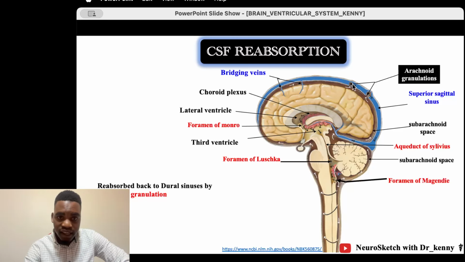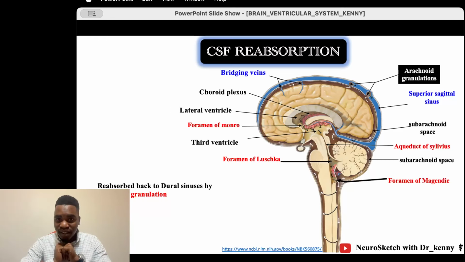We have these structures here whose function is to absorb the cerebrospinal fluid, and then it goes to the dural venous sinuses, and the important one is the superior sagittal sinus. So the superior sagittal sinus is very important in absorption of the cerebrospinal fluid.